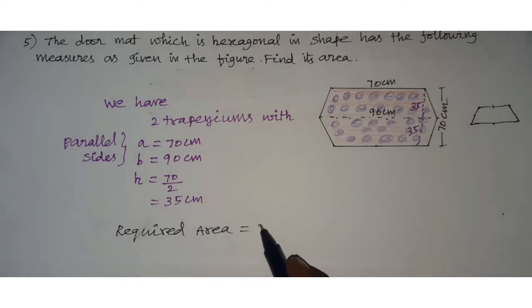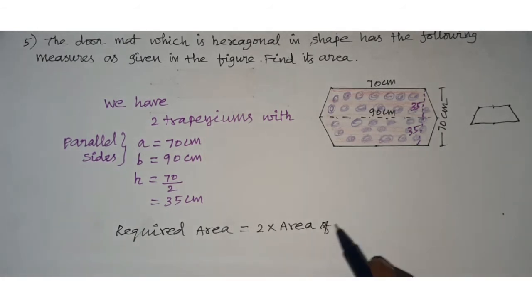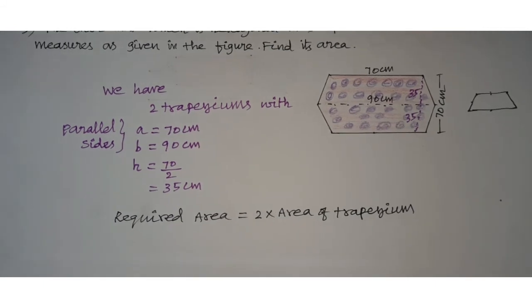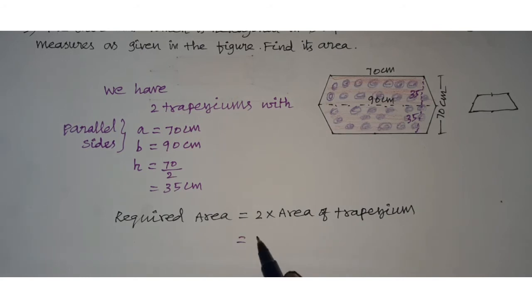So therefore required area equal to 2 times area of trapezium, because here how many trapeziums? 2. 2 equal trapeziums. Remember that, 2 equal trapeziums. So only I put 2 into area of trapezium. So 2 into area of trapezium, we know very well the formula 1 by 2 into H into A plus B. Okay.